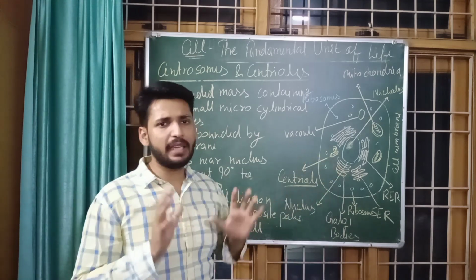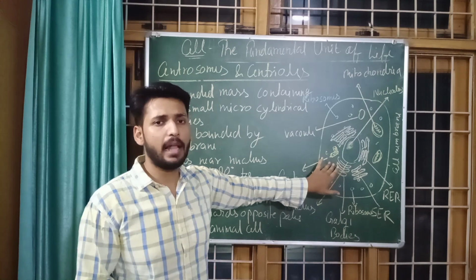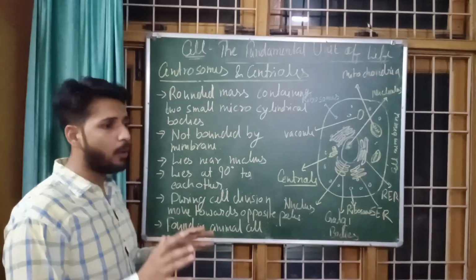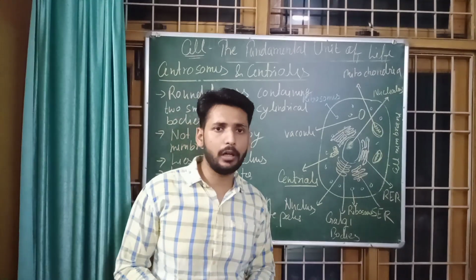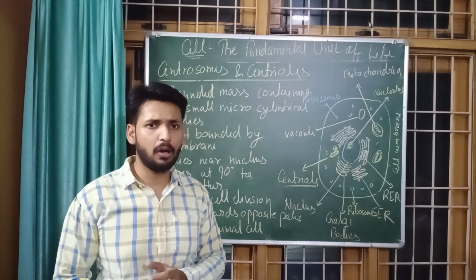So basically they help in cell division. Their function is to help in cell division, and they are found in animal cells only, as I told you already, and also in some lower plant cells.